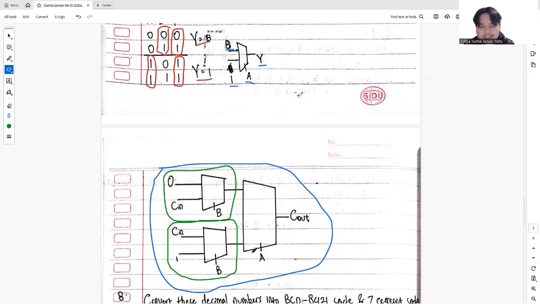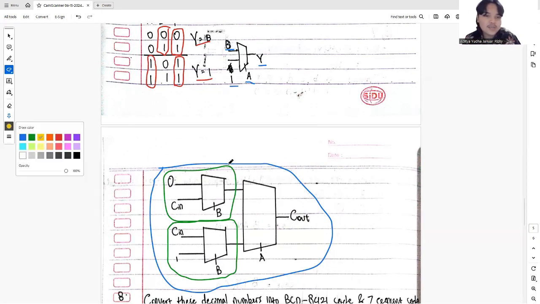Now, these two circuits have outputs, right? Both outputs from them, I'm using as my inputs to the bigger, the last 2-to-1 multiplexer.